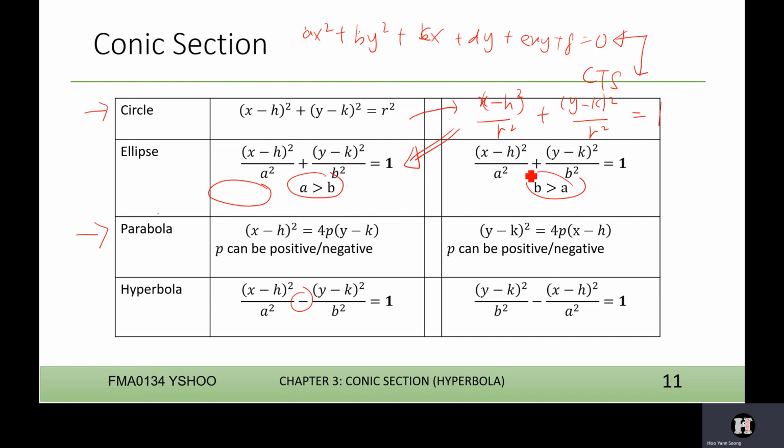When B is greater than A, Y is longer, so you have an ellipse that is standing. Later on we will discuss details for the hyperbola: what X greater than Y or Y greater than X indicates.